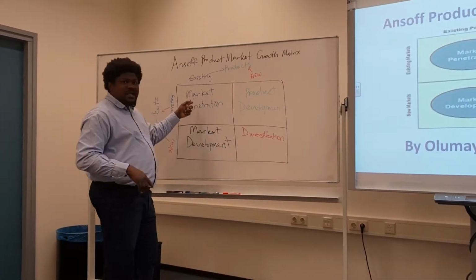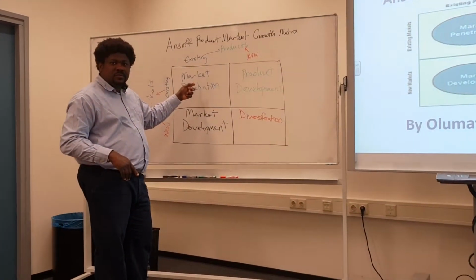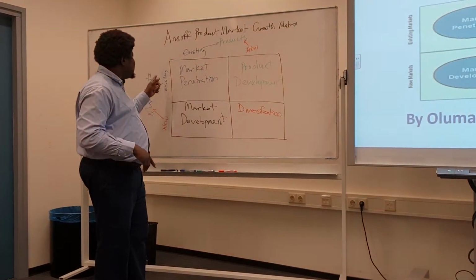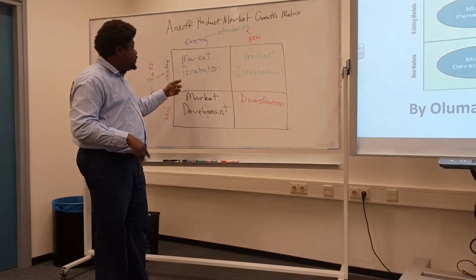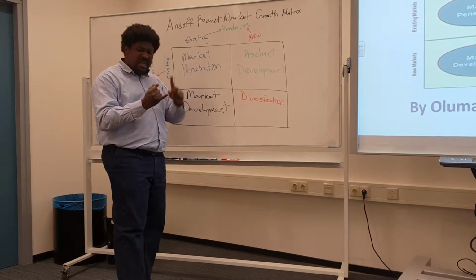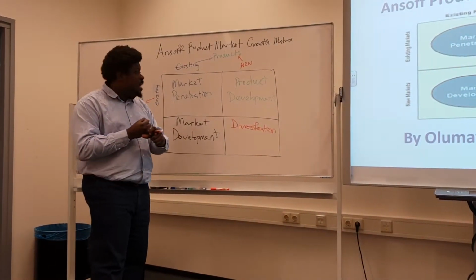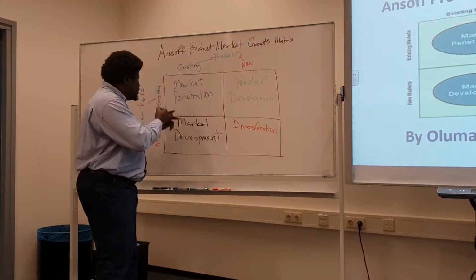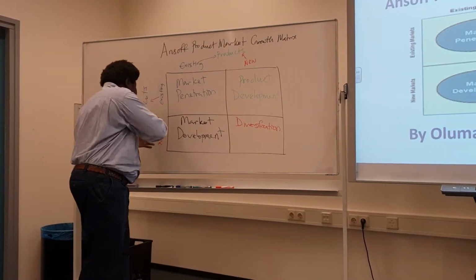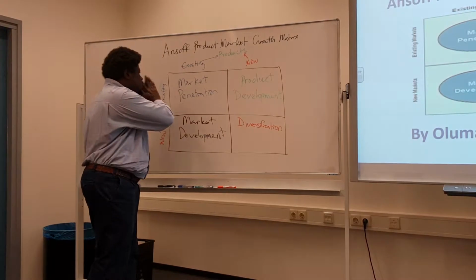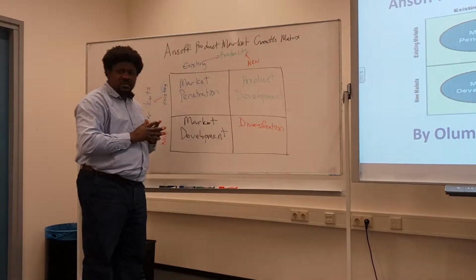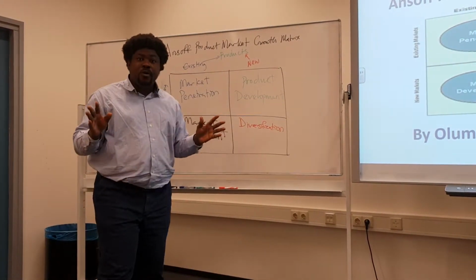Philips keeps doing that in the Netherlands. Its existing market is the Netherlands. Its existing products are television sets, musical equipment and sets, and Philips keeps doing this in the existing Dutch market, and this is market penetration. So there are no new products.